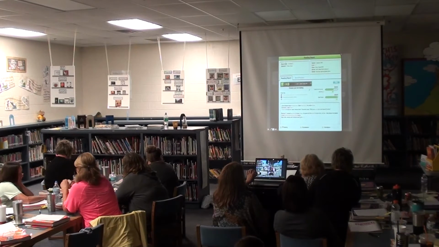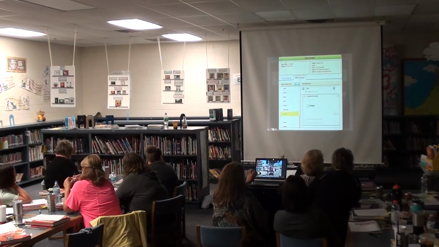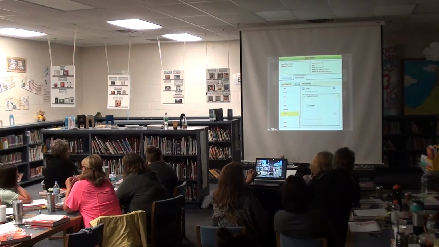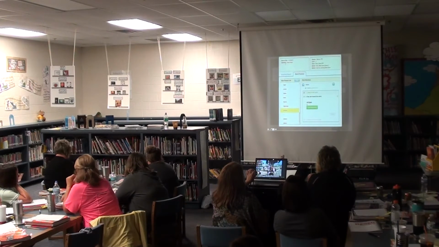As far as the word practice report that is available, any words that the student had difficulty with will appear in this list. I love that part of it. When the student clicks on one of those words, they will be able to do several things. First, they can listen to the word being pronounced correctly.